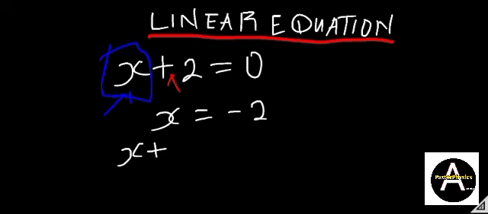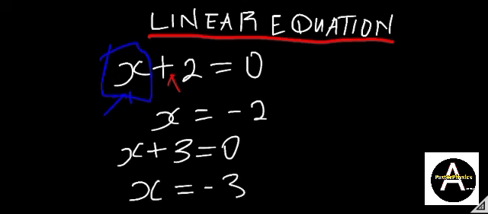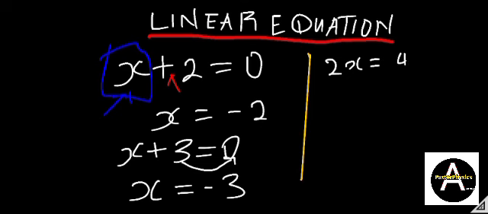Now let us take another example. What if we have x plus 3 equal to 0? The same thing, we have x would be equal to what? Minus 3, because we move this one to this side, it becomes minus. I'm just trying to keep it simple. Now, what if we have something like 2x is equal to 4?